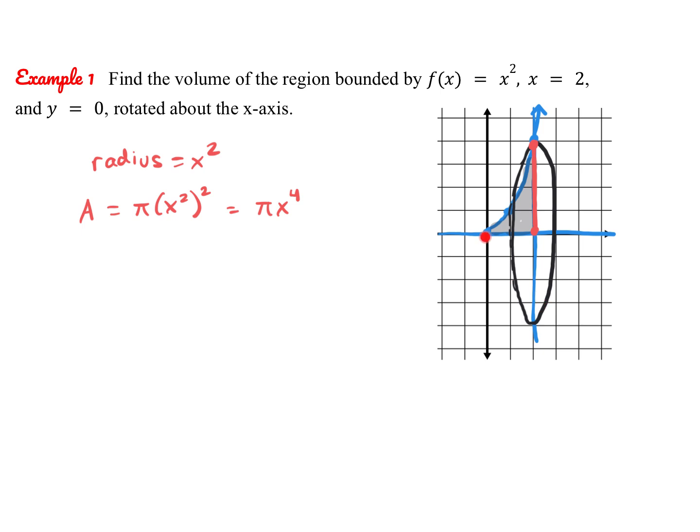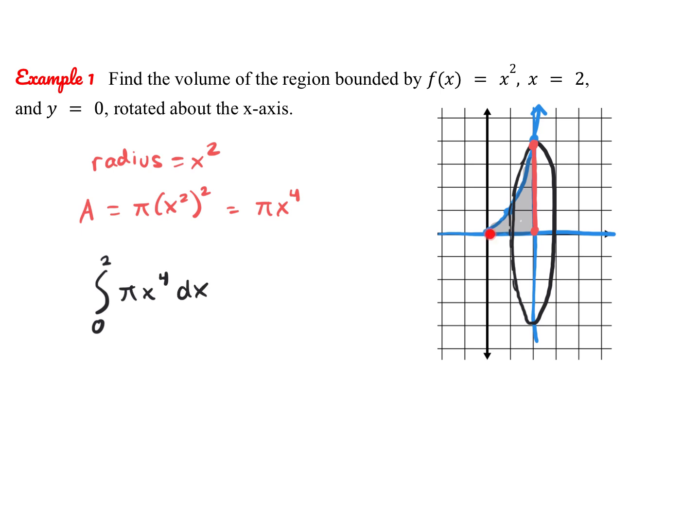But again, that cross section is changing as we progress over our interval. Our interval of integration is going to be from 0 to 2. So we want the integral from 0 to 2 of this area, pi x to the fourth, dx.